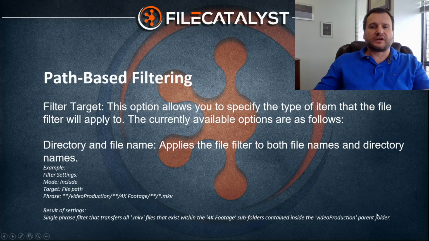So again, as you're working with different project files, you might have a common 4K folder or 2K folder or SD or graphics. You can now create tasks based on the subfolders within your project files. Again, it adds more flexibility, and it's a very nice feature to improve the file transfer experience for your end users.